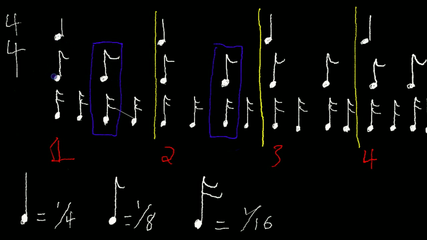The way we count eighth notes is 1 and 2 and 3 and 4 and, like that. And the way we count 16th notes is 1 e and 2 e and. We're just adding in an e. That's the syllable that we would use to count 16th notes.